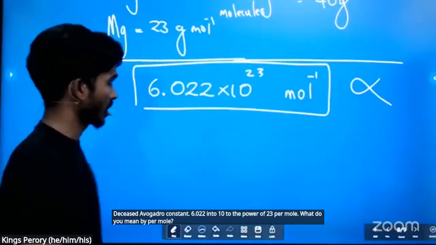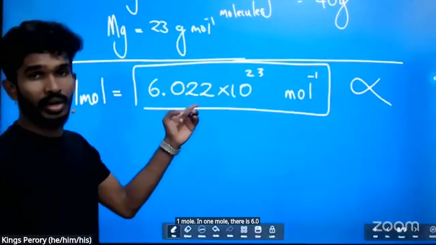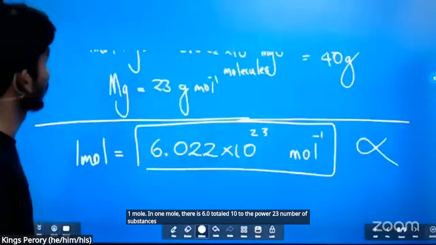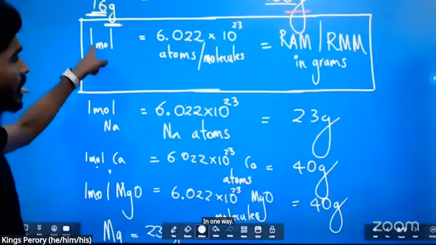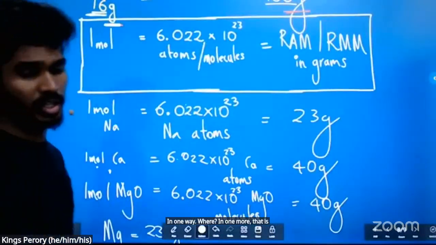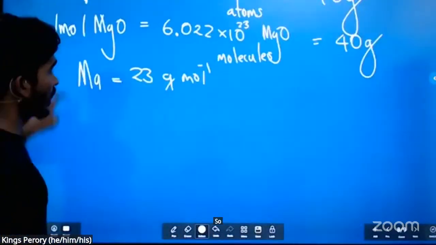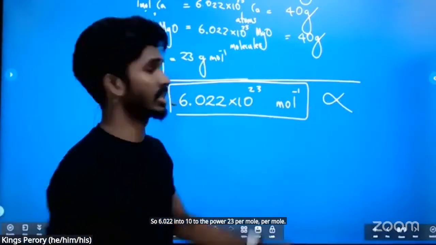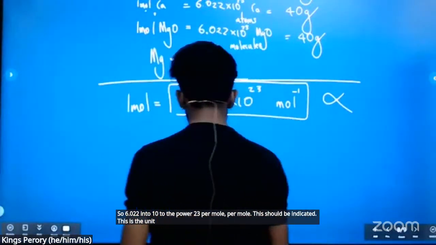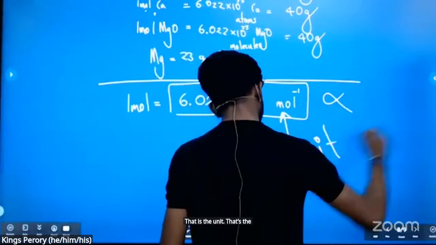In 1 mole, there is 6.022 into 10 to the power 23 number of substances. So 6.022 into 10 to the power 23 per mole. Per mole should be indicated. This is the unit for the Avogadro constant. Keep that in mind.